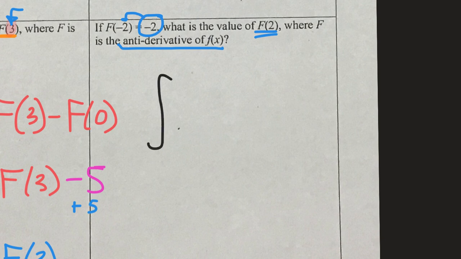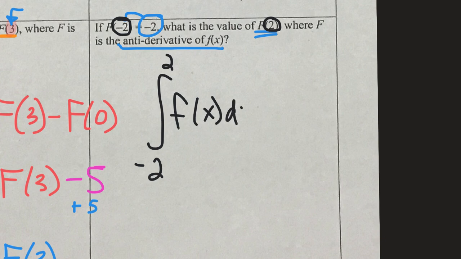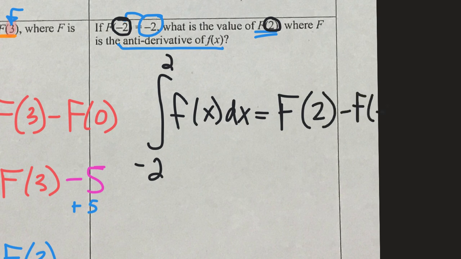The interval we want is from the lower x bound to the upper x bound, so the limits of integration are from -2 to 2 of our function little f. And that equals, according to the fundamental theorem of calculus, capital F of 2 minus capital F of -2.